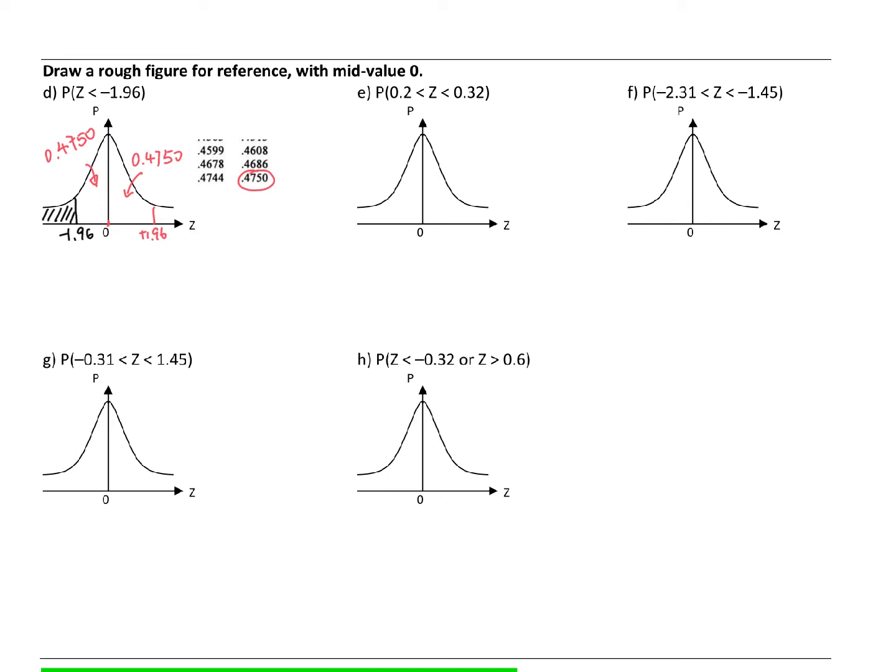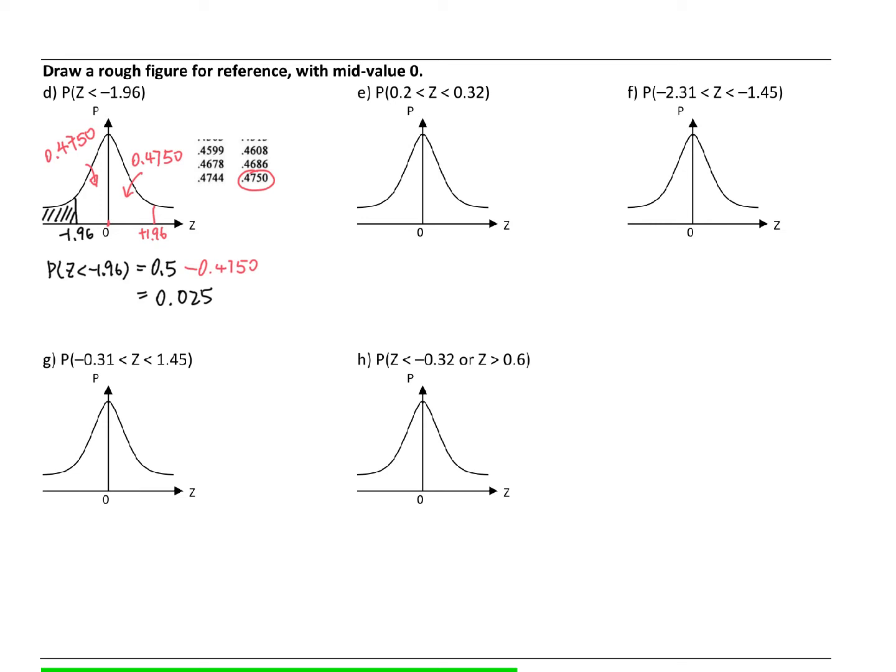So the whole half would be 0.5, 呢度一半啦，呢度呢一橛啦。0.5 minus 0.4750. So the final answer would be 0.025. So this is part D.